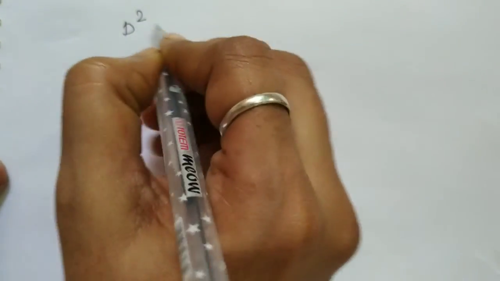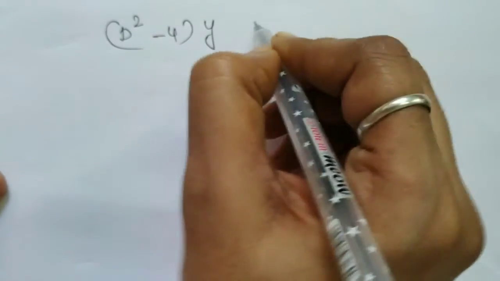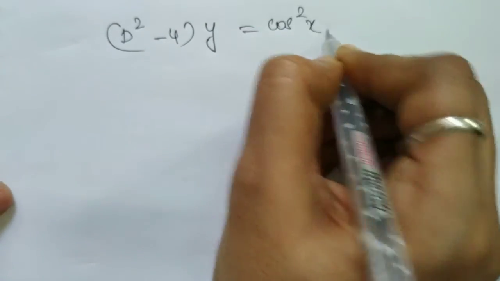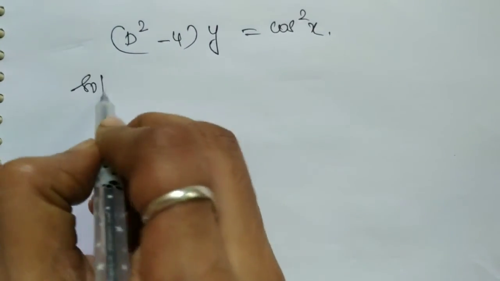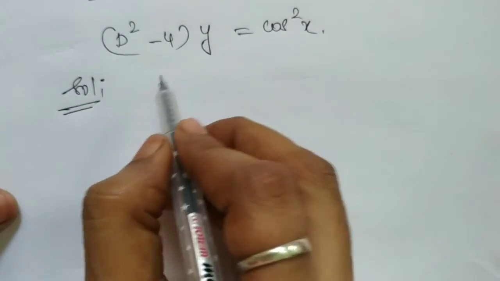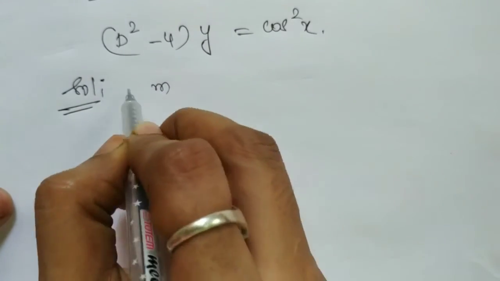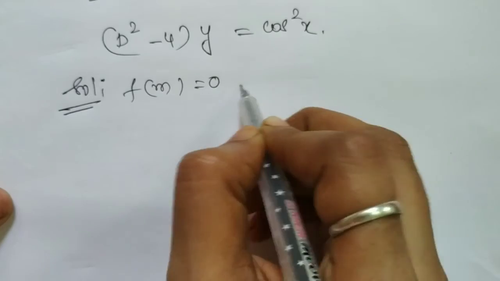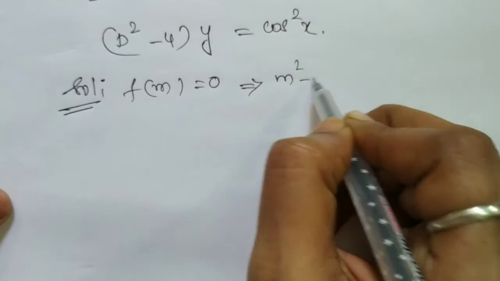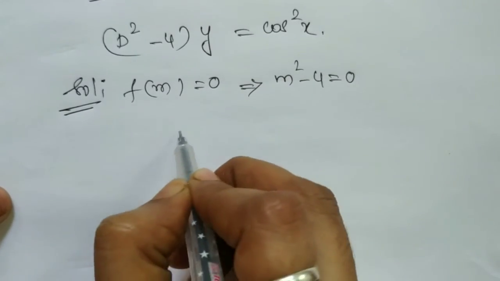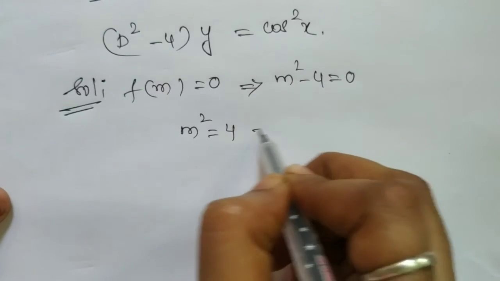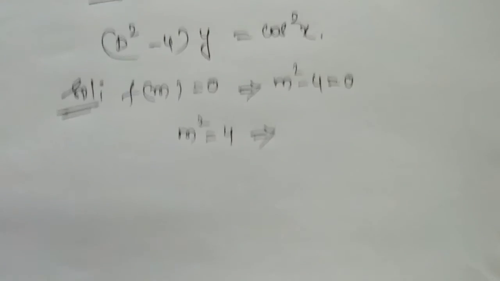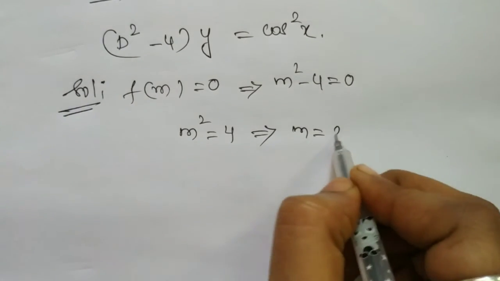Next one, D square minus 4 into y equal to cos square x. So first, finding the solution of the auxiliary equation, that is f of m equal to 0. So m square minus 4 equal to 0, so m square equal to 4, then m equal to 2, 2.